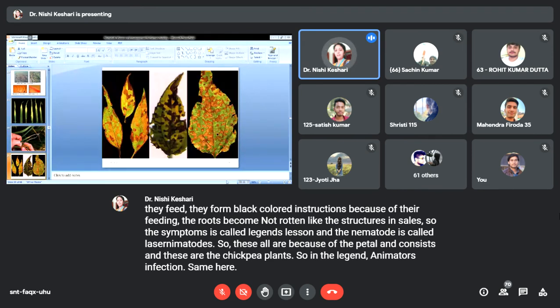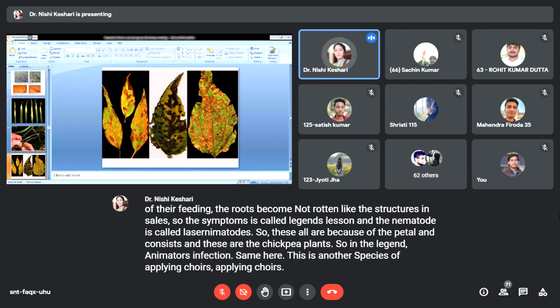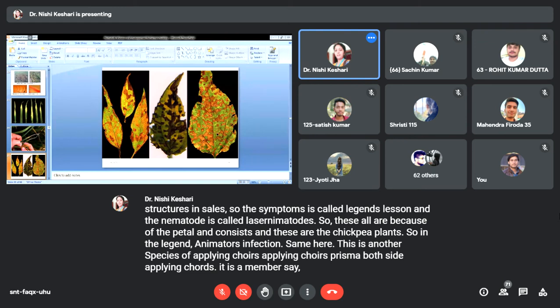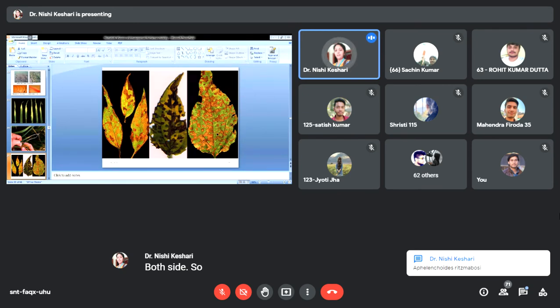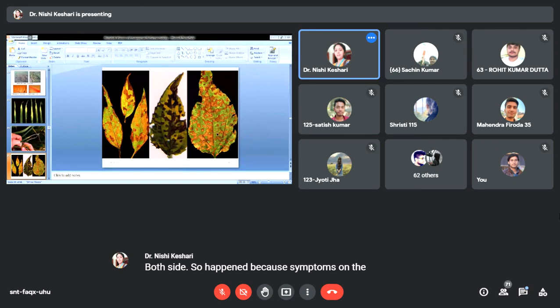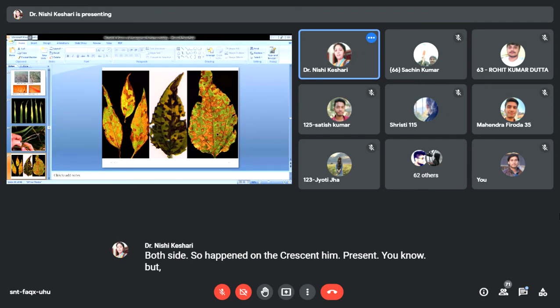See here, this is another species, Aphelenchoides ritzemabosi. Aphelenchoides ritzemabosi causes symptoms on the chrysanthemum plant.